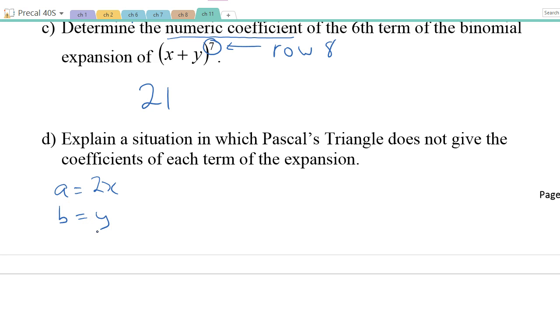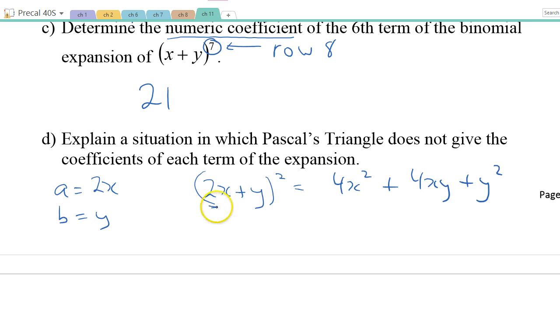Because then when we would get (2x plus y) squared here, we would get 4x squared plus 4xy plus y squared. So if one of the terms contains a coefficient in there, if it's not just an x or a y, you know, we'll see some other situations where that happens.